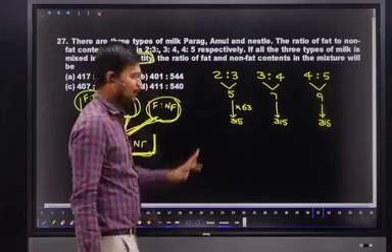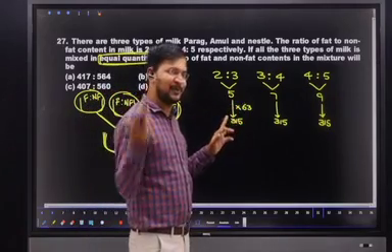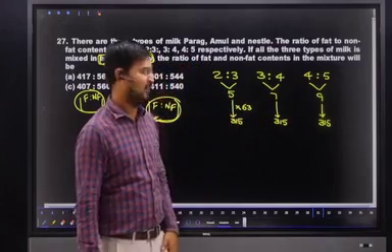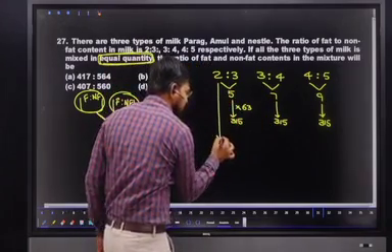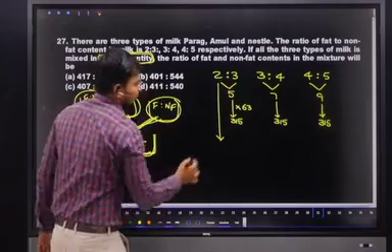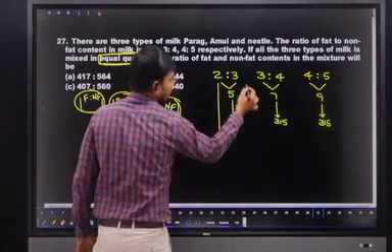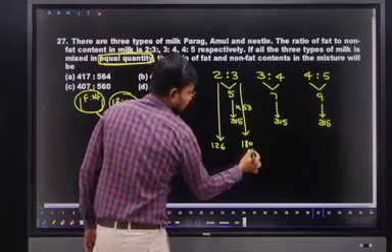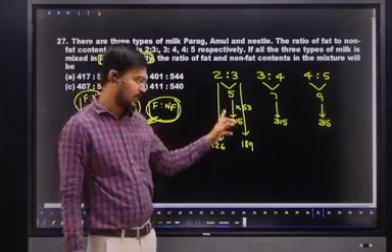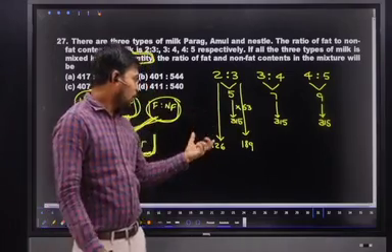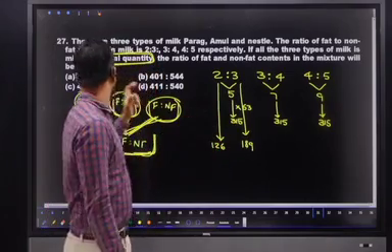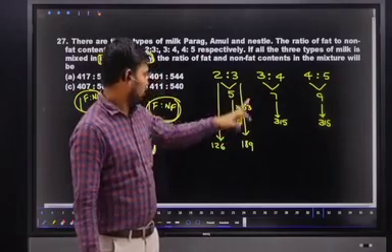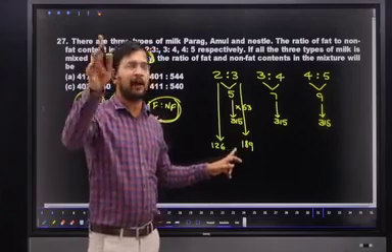Then 2 parts of 63: 2 into 63, 126. 3 into 63, 189. So the first vessel has 315 liters in total; in the 315 liters, 126 liters are fat content and the remaining 189 liters are non-fat content.